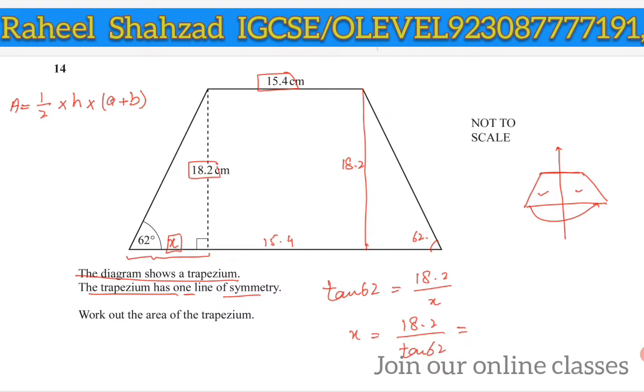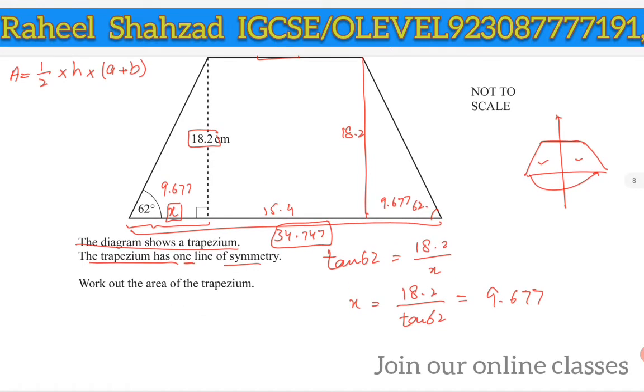So this is equal to 9.677. So this is 9.677, this is also 9.677. So what will be the total length? That is equal to 9.677 plus 9.677 plus 15.4, which is equal to 34.747. Now this is your b part.